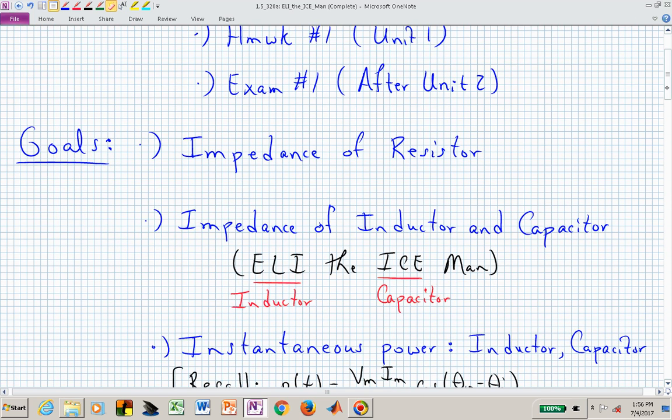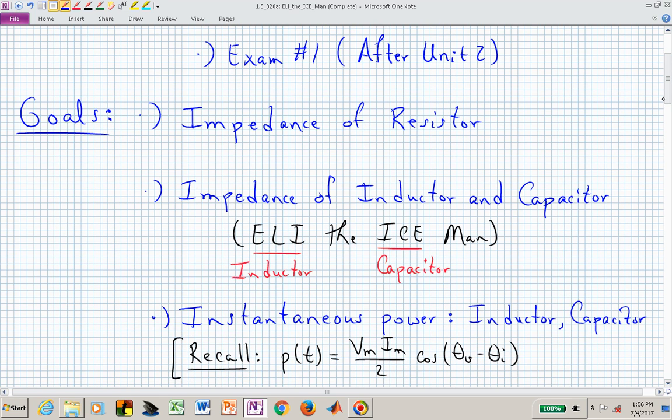In this particular video, I want to talk about the impedance values of resistors, inductors, and capacitors. We'll start with the resistor, then we will use this famous quote, Eli the ICE Man, to remind us about the relationships between voltage and current for inductors, that's Eli, and capacitors, that's ICE, the L and the C, hint, hint.